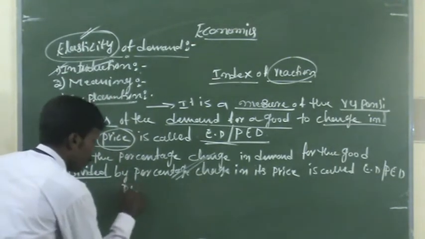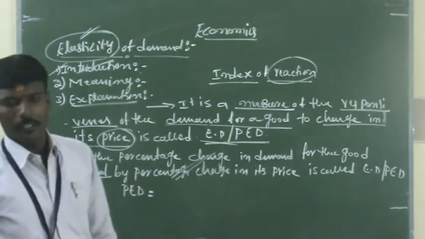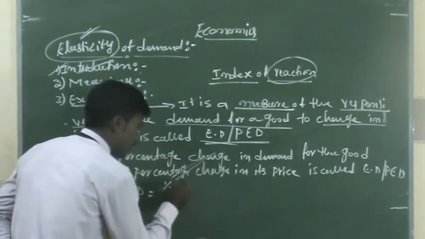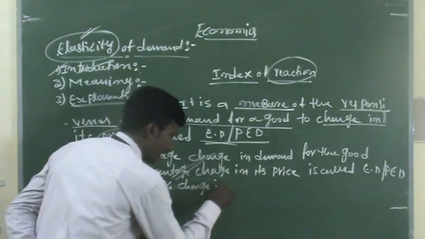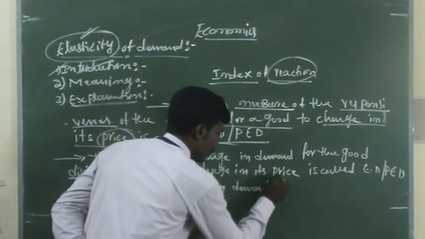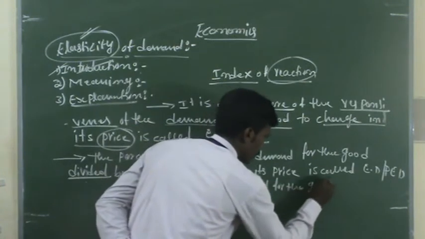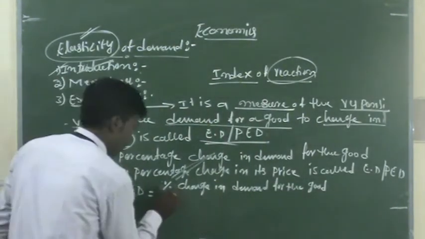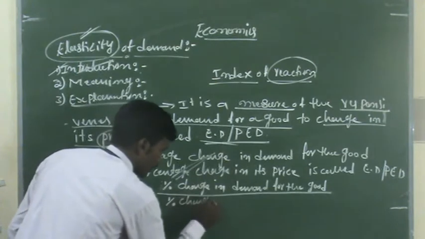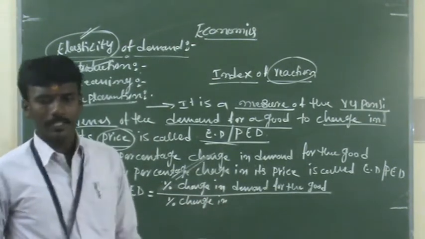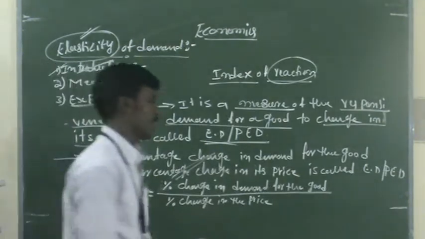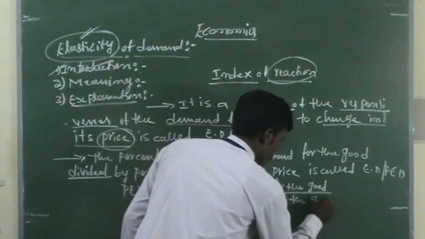That is, PED equals the percentage change in demand for the good divided by the percentage change in the price of the good.